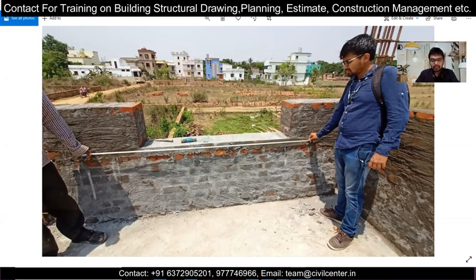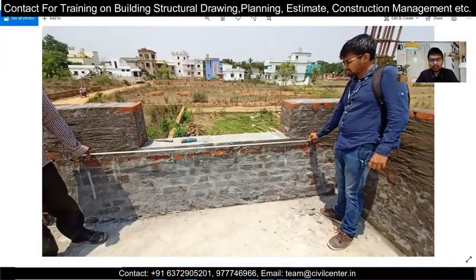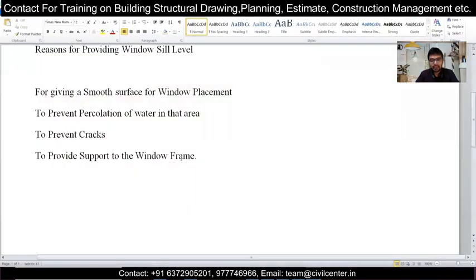The next reason is to prevent cracks. As we already discussed, if you are fixing the windows, there will be frames around it, and there will be frames below also. So if you provide a stable base, the third and the fourth point are the same: to provide support to the window frame.